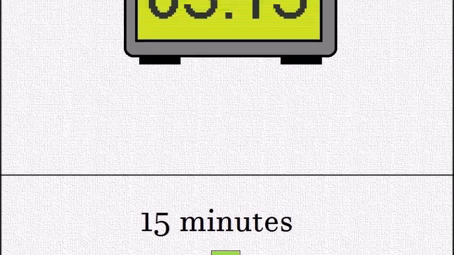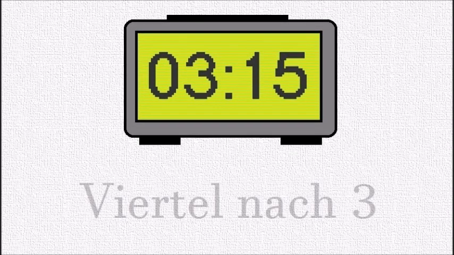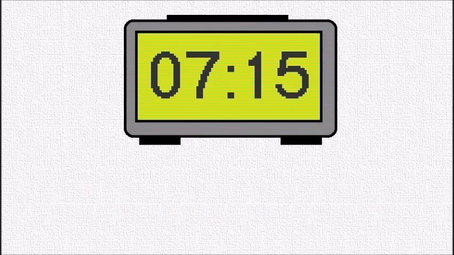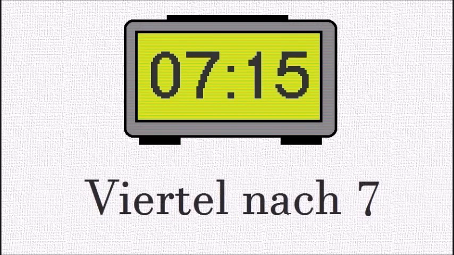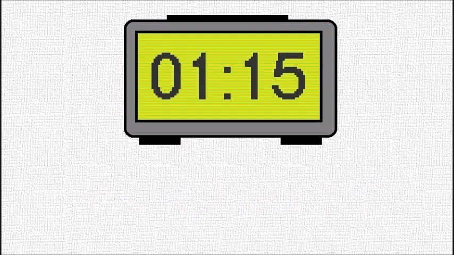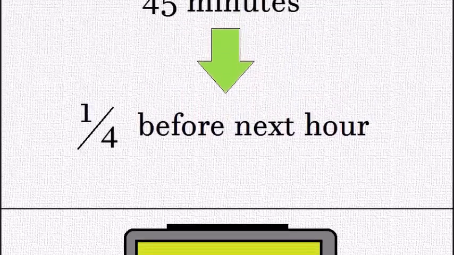For example, 3:15 is Viertel nach drei. 7:15 is Viertel nach sieben. 1:15 is Viertel nach eins.